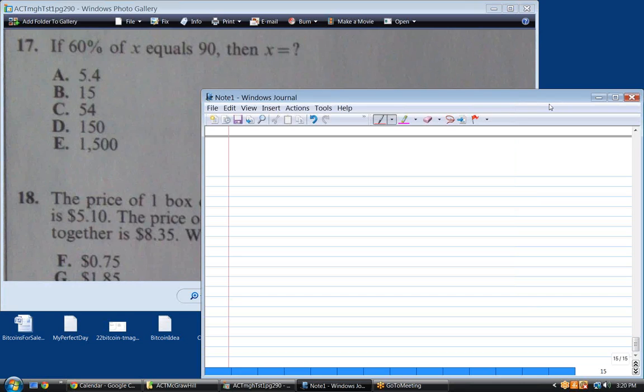Is this like the other problem? This problem you can do algebraically, or you can back solve it. Either one. It depends on how comfortable you are translating this sentence into an algebraic equation. Try to do that for me. What does it mean that 60% of x equals 90? Give me that as an equation.